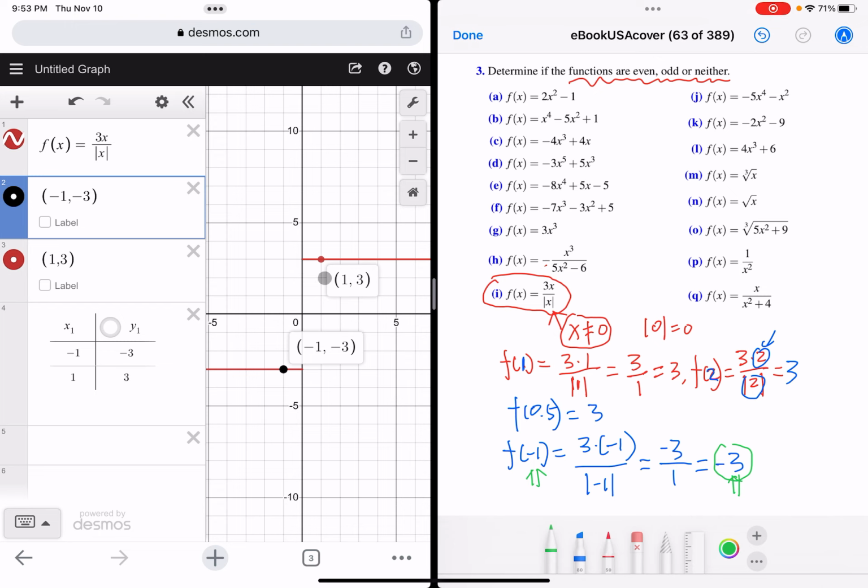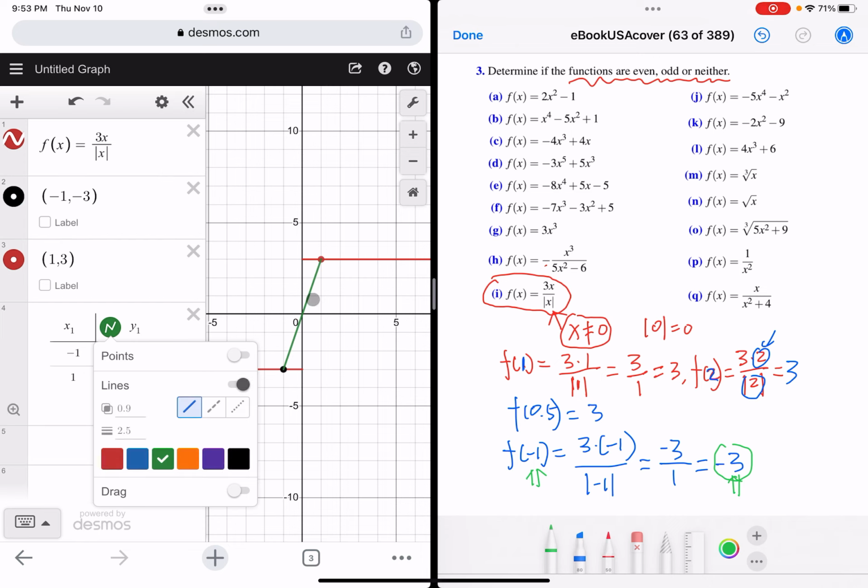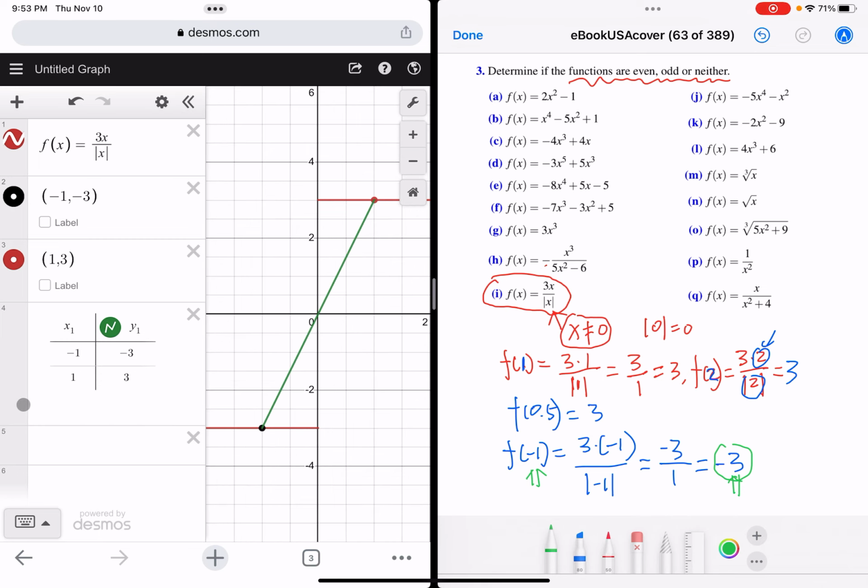Now, is this function odd? Of course, you see 1, negative 1, negative 3 here, and 1, 3 here. If you connect those 2 points, then you see when you rotate this whole picture 180 degrees, this point goes to here, and this point goes to here.